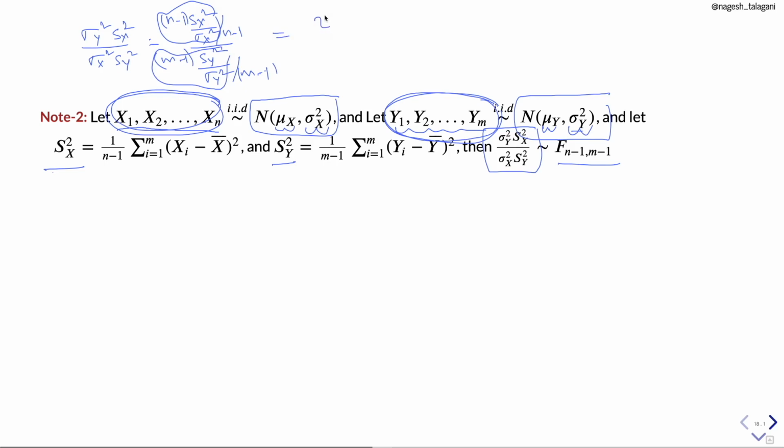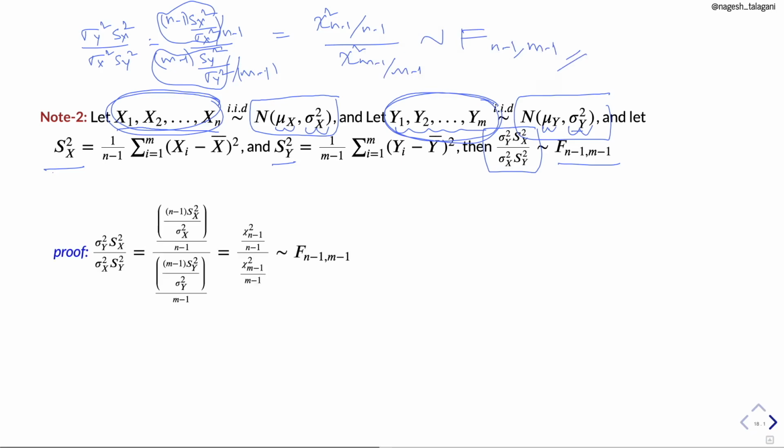So I can write chi square n minus 1 by n minus 1 over chi square m minus 1 by m minus 1. So this exactly follows f distribution with n minus 1 and m minus 1 degrees of freedom. Okay, so this is the proof.